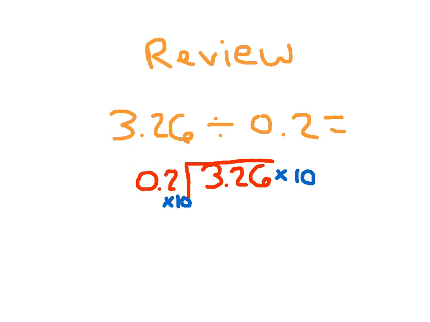Why are we multiplying by 10? Because there's one place value within our divisor, and we're trying to make that divisor a whole number. And we do that. 0.2 times 10 is 2. Inside here, for our dividend, we write what? 32.6. How many place values is our quotient going to have?